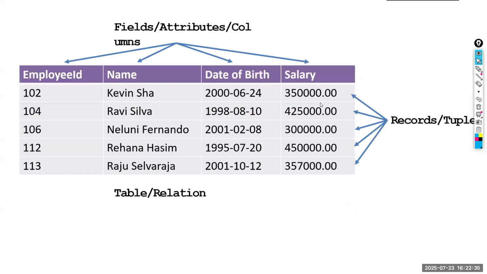So this is how you look at a relation. A relation is a concept, a set of records, for example a set of student records. You call it a student table or student relation. A set of customer records or customer tuples creates a customer table or customer relation. So every table has a set of records.